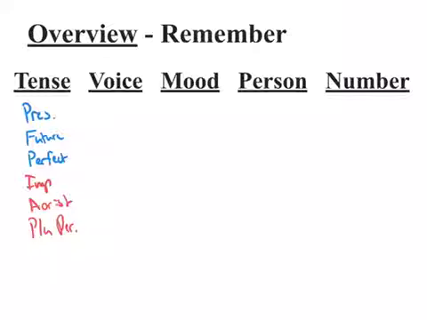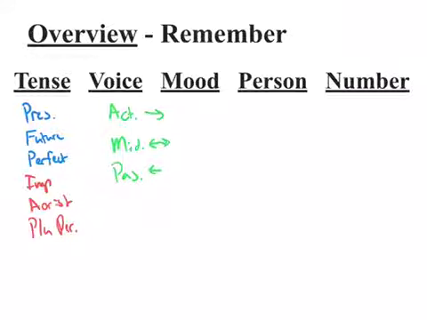AMP: A for active, M for middle, and P is for passive. So remember, the active is basically the subject acting on something. Middle would be kind of both, and then the passive would be being acted upon.